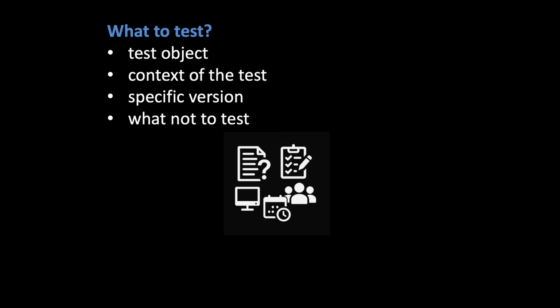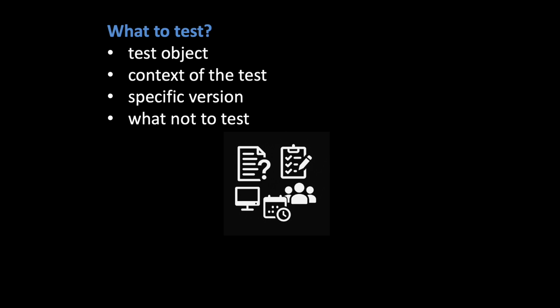Then you also should have the context of this test. So are you testing a feature for the first time, or are there certain changes? If so, which changes? Or you're just testing a bug fix or do some regression tests. So that's very important so that you can plan accordingly.